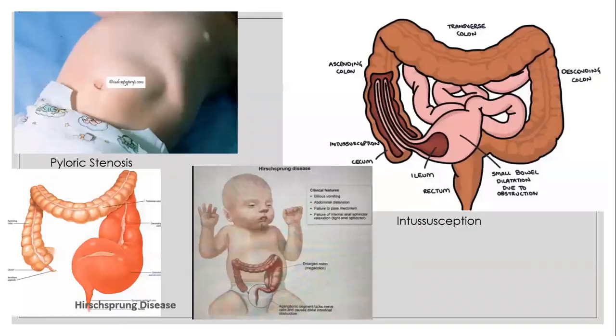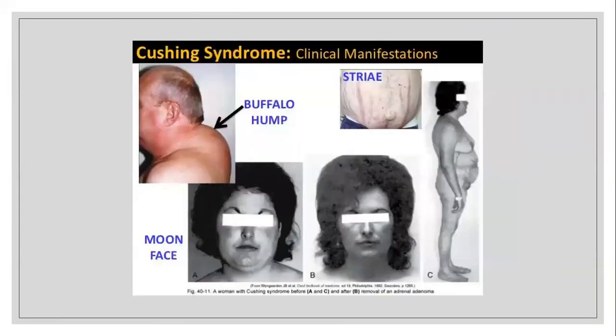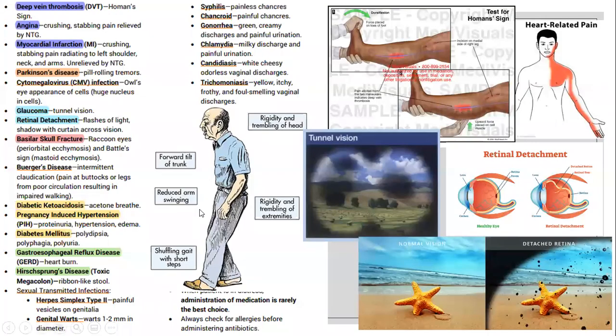And next, go. Diabetic ketoacidosis. We will find acetone breath or fruity smell. Pregnancy-induced hypertension. Patient presents with proteinuria, hypertension, and edema.